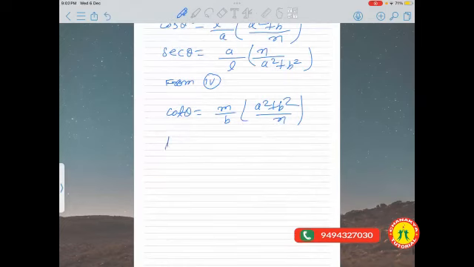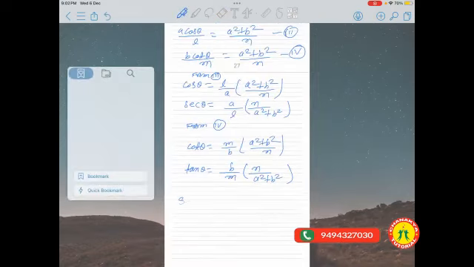So tan theta is equal to b by m times n by a square plus b square. Now apply the sec square theta identity.